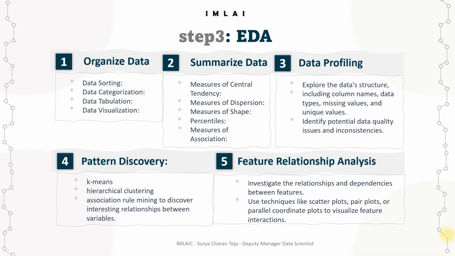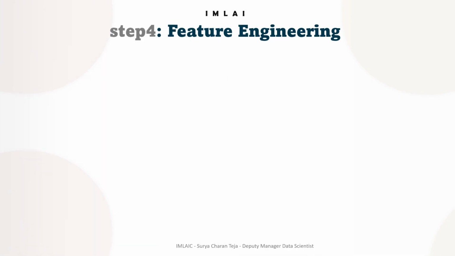Yes, it's time to delve into feature engineering. That's step 4 in the supervised machine learning process. Feature engineering is a crucial step in the supervised learning process that involves transforming or creating new features from the existing data set to improve the performance of machine learning models.